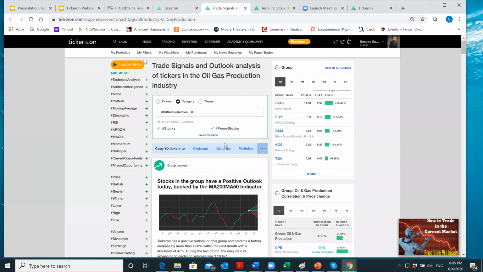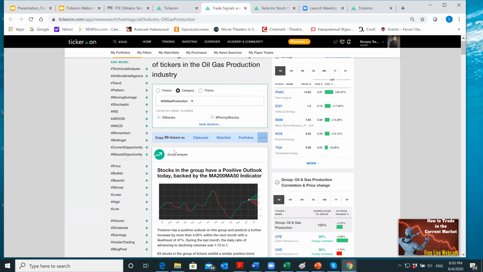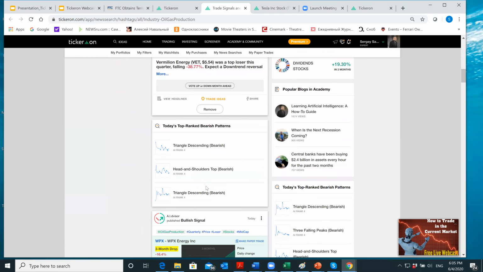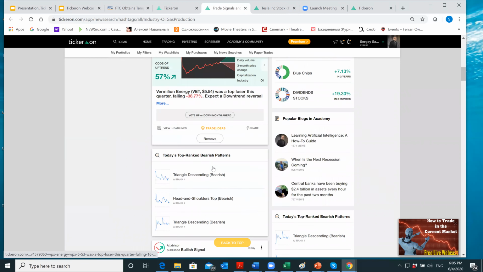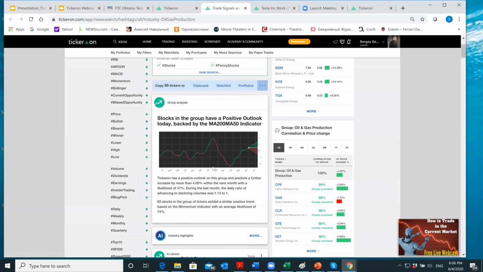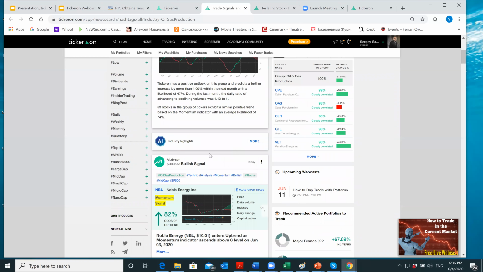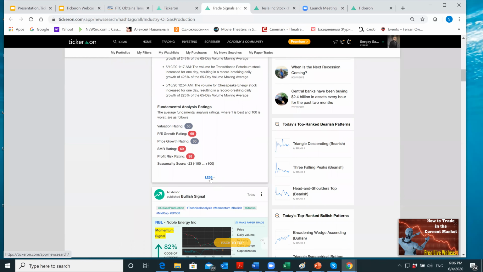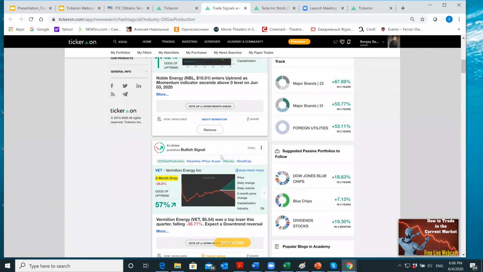Right now in this industry there are 95 tickers, and all tickers are here. All the news are below. Green means it's up, and red means down. And this is a group analysis of this particular industry, and this is more of the group highlights.